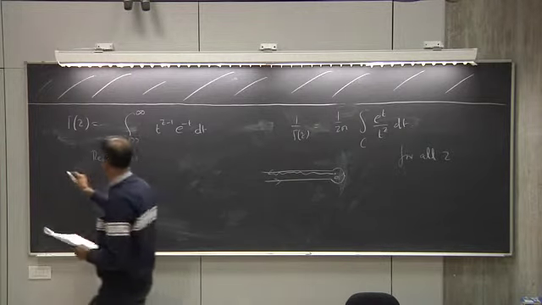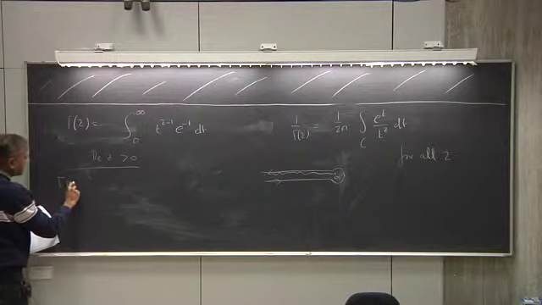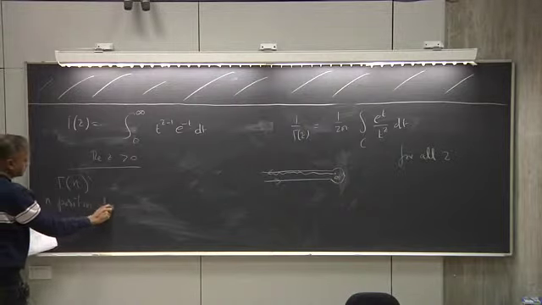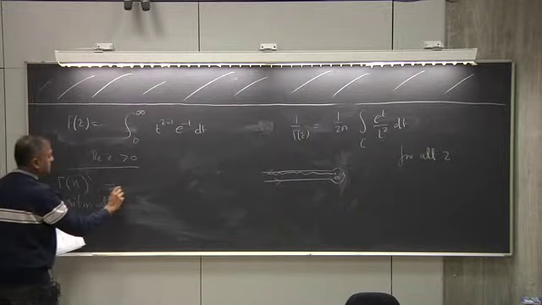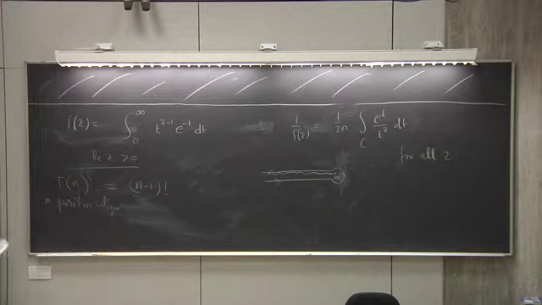But now, what are the important points? One, that gamma of n for n a positive integer is equal to factorial of n minus 1. That's a very useful thing.